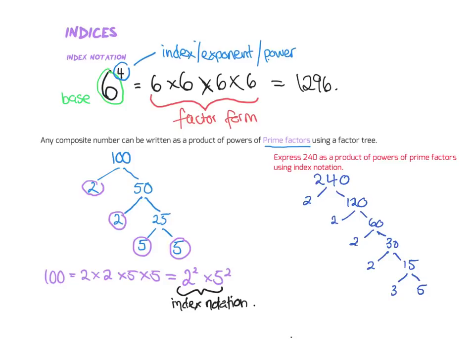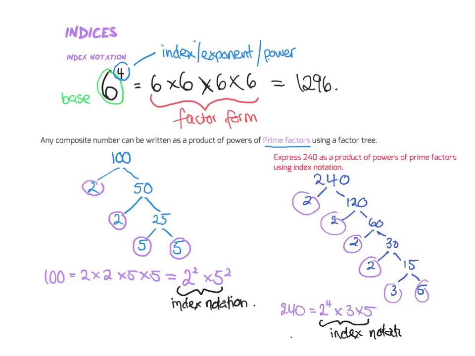So the prime factors are 2, 2, 2, 2, 3 and 5. So we could write 240 equals 2 to the power of 4 times 3 times 5. So this is the index notation of 240.